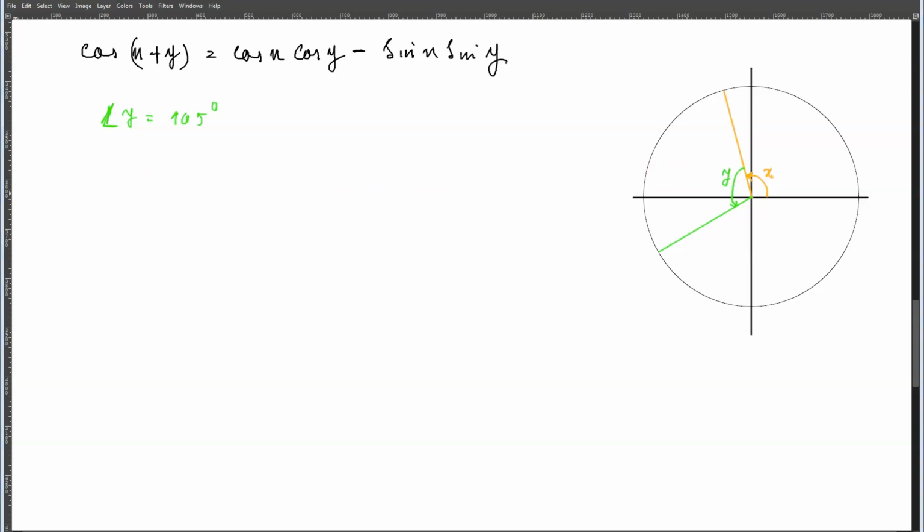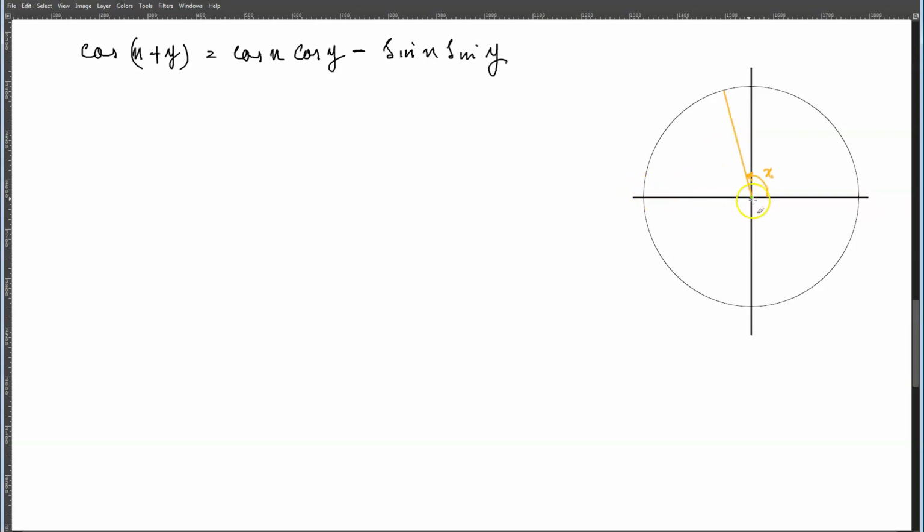Actually I probably could have taken that a little bit differently. What I mean is that, for example, instead of 15 degrees, I could go for 30 degrees.